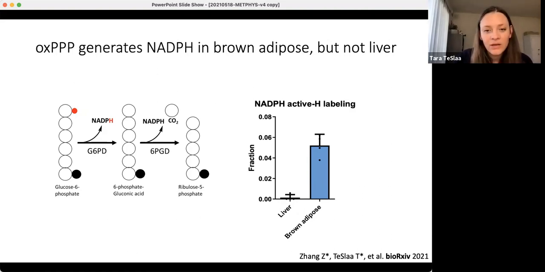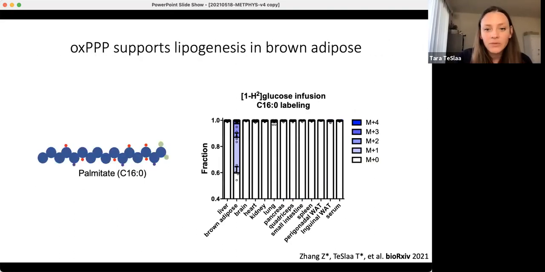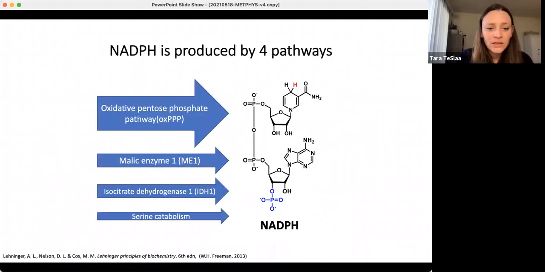And so this suggests that OXPPP is not active in the liver. And when we looked at fatty acids, so here's palmitate, we saw the same thing. There was no labeling in the liver, but extensive labeling in the brown adipose tissue. So it seems that the oxidative pentose phosphate pathway, or OXPPP, supports lipogenesis in brown adipose, but not in the liver.